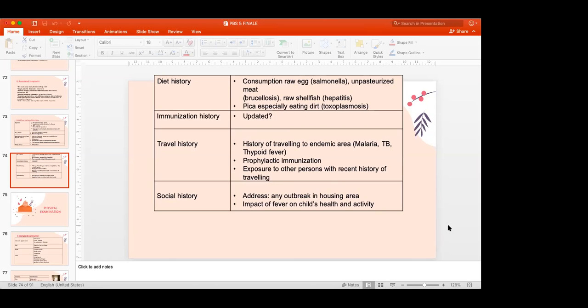The child may eat soil, which can be a risk of toxoplasmosis.